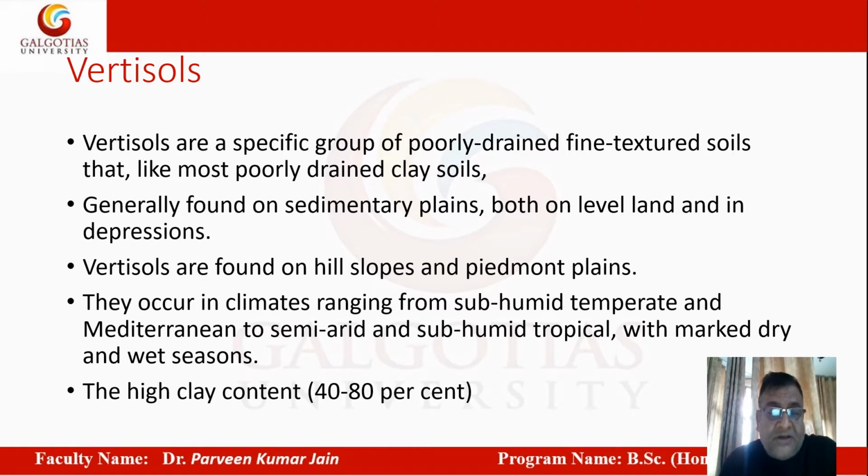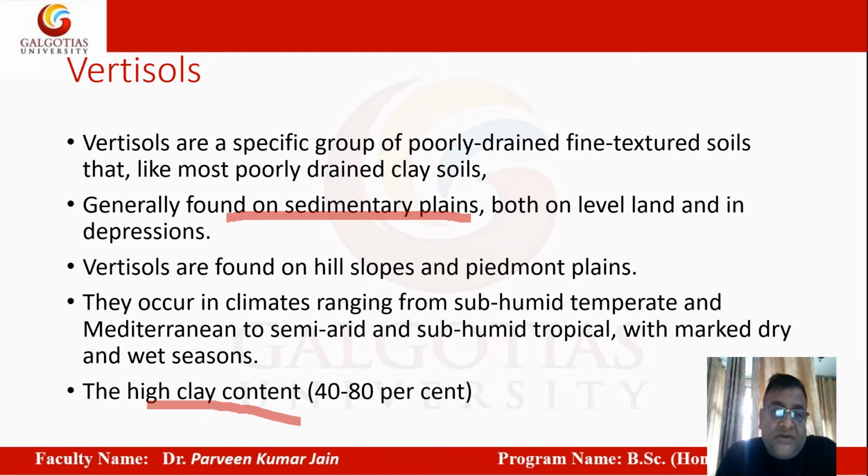You can logically correlate that there is a high clay content, and secondly these are sedimentary plains. So what happens during the rainy season is that lots of soil comes up with erosion by the water. You must have seen muddy waters flowing during the monsoon period in rivers and rivulets.